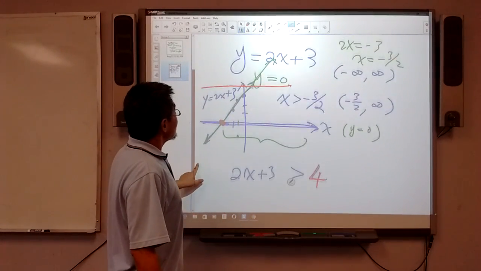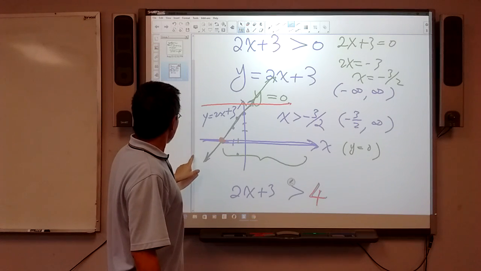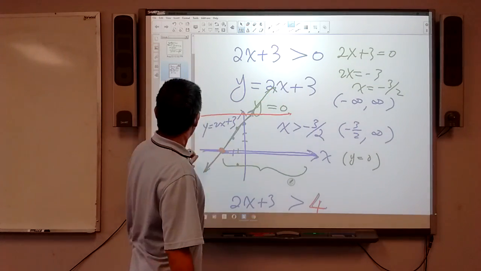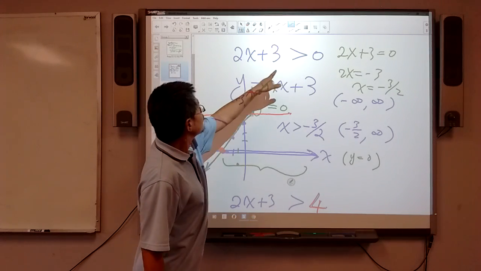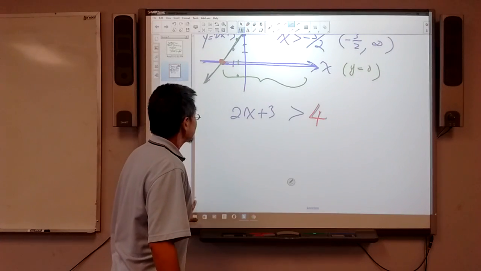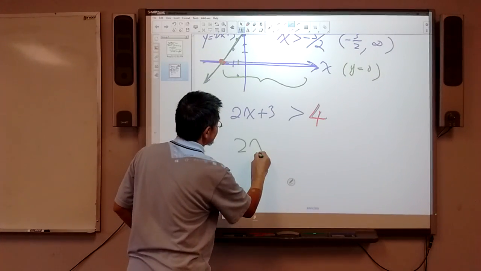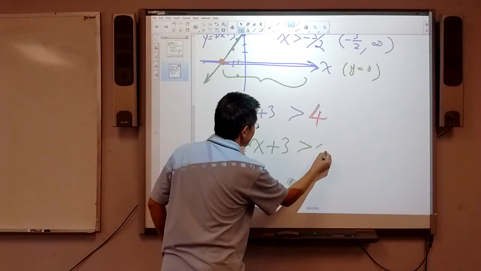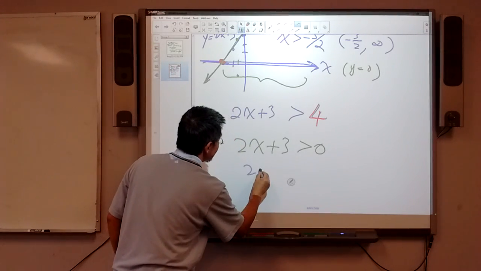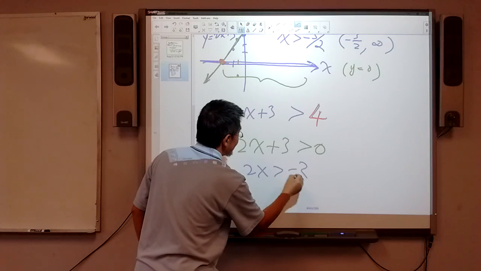So if you understand this one, then the way to solve it is we can start with 2x plus 3 greater than 0. You can solve that. We move this over, negative 3, right?